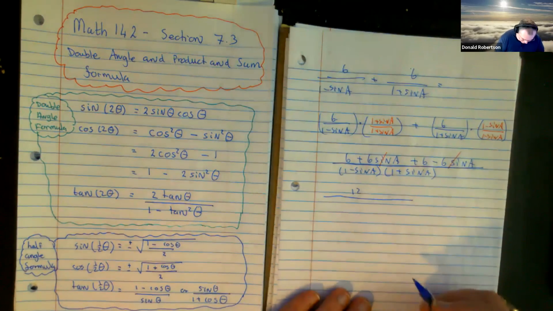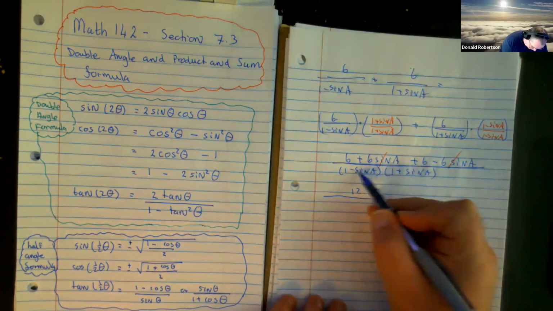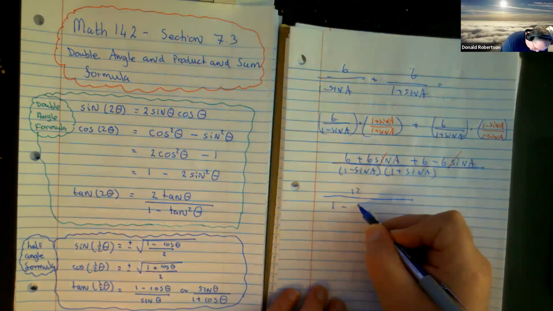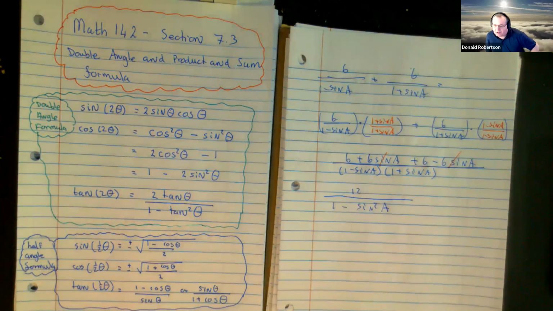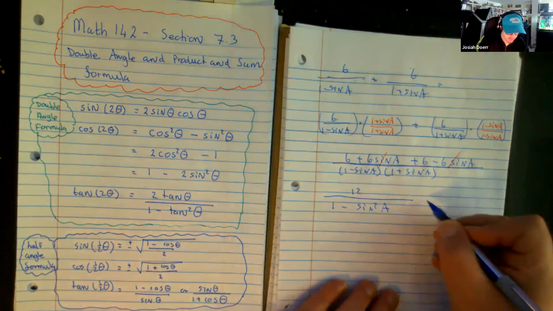So far, so good. Now, I'm going to FOIL this out, and to save some time, can you trust me that that's what you eventually get? Because the plus sine A and the minus sine A cancel out, so you're only left with 2 terms. Okay, that helps a lot.